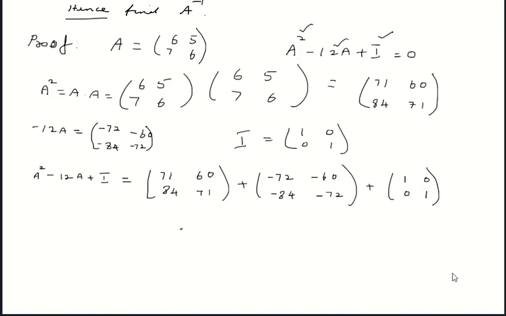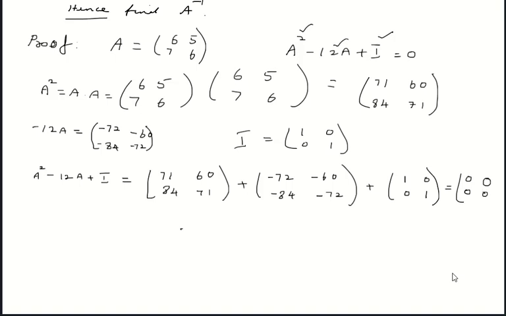Since it is matrix addition, we should add the corresponding elements in the respective places, which I get as 71 minus 72 plus 1, which is 0. 60 minus 60 plus 0 is 0. 84 minus 84 plus 0, again 0. 71 minus 72 plus 1.